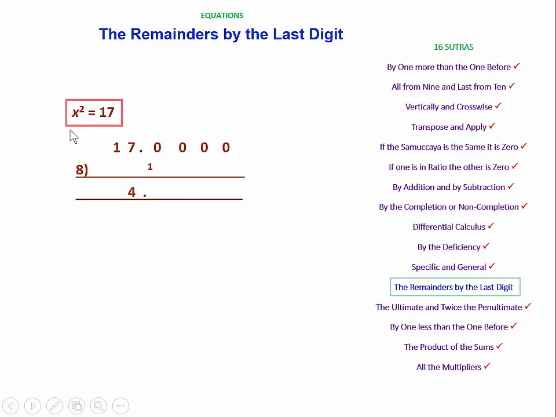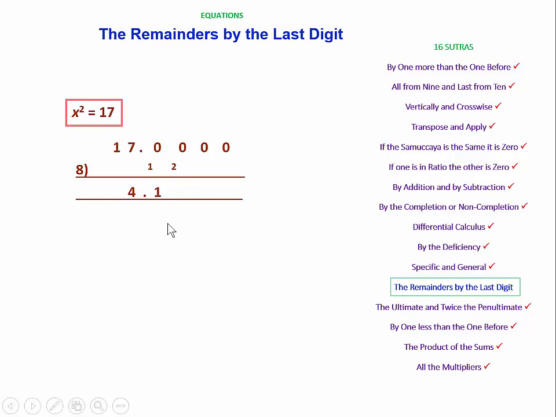And as I said before, the divisor that we use throughout is going to be given by the differential of this. So the differential of that's 2x, and twice 4 is 8. We use 8 as a divisor. And the first step after this one is then to divide 8 into 10, which is 1 remainder 2.